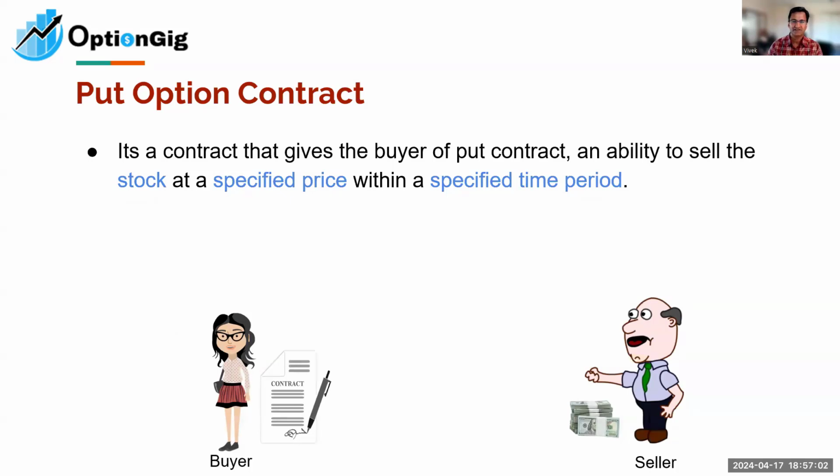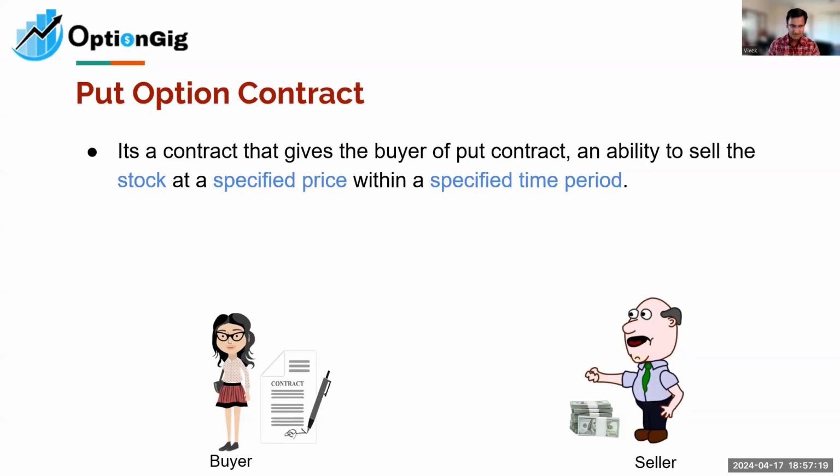Now let's substitute the car with the stock. So it gives Martha the right to sell the stock at the predefined price within a specified time period.